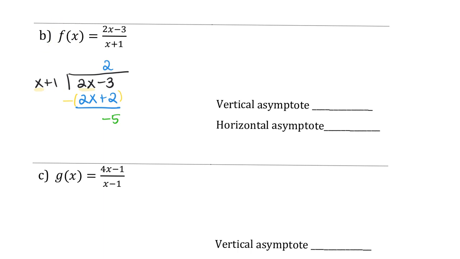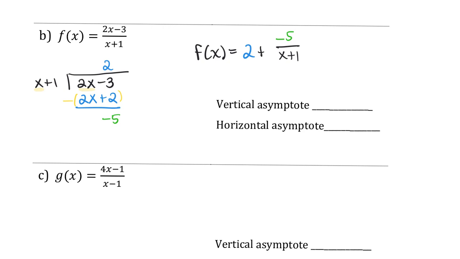This is f of x, so I lead with f of x equals. Okay, now I'm going to write it kind of backwards until we get used to it. When I divided, I got 2. So this is 2 plus, what's my remainder? My remainder is negative 5 divided by x plus 1.